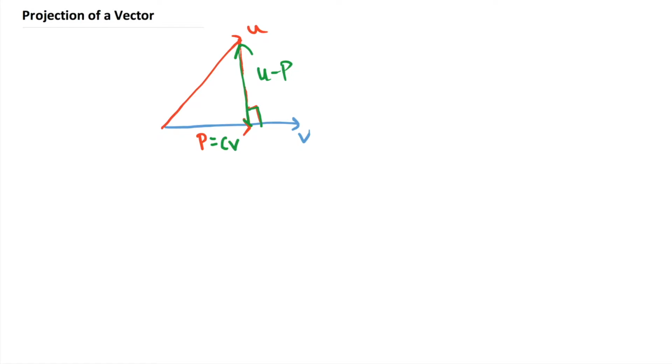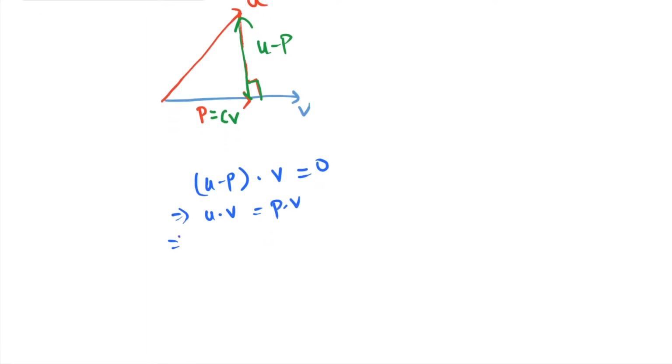So now it's easy to find out what vector p is, because if u minus p is perpendicular to the vector v, then (u minus p) dot v has to be equal to 0, which would imply that u dot v is equal to p dot v, which would imply that u dot v is equal to c times v dot v, because p is equal to cv.